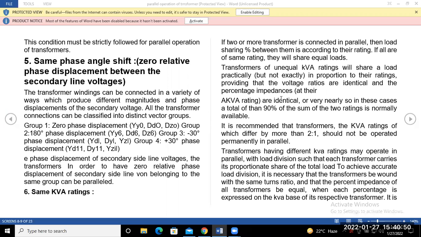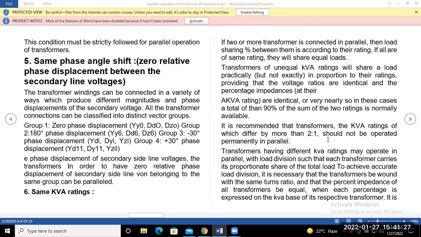In this case, a total of 90 percent of the sum of the two ratings is normally available. It is recommended that transformers whose kVA rating differs by more than 2:1 should not be operated permanently in parallel. For example, if one transformer rating is 300 and another is 100, these may not be able to be connected permanently in parallel.